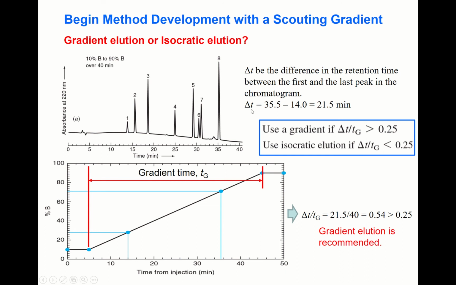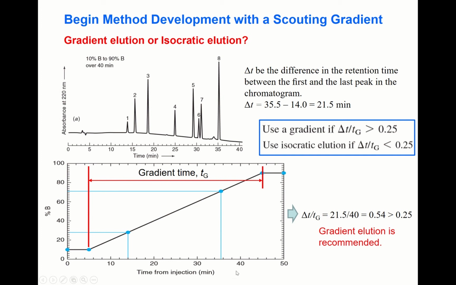So delta t is 21.5 minutes. Then calculate delta t over tg. Tg is the gradient time.